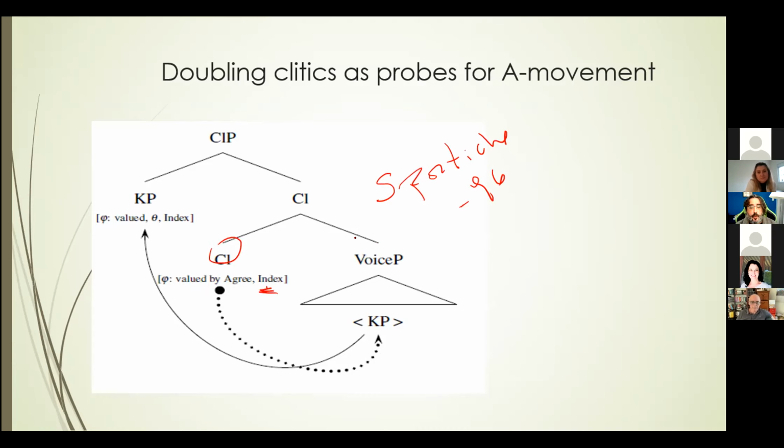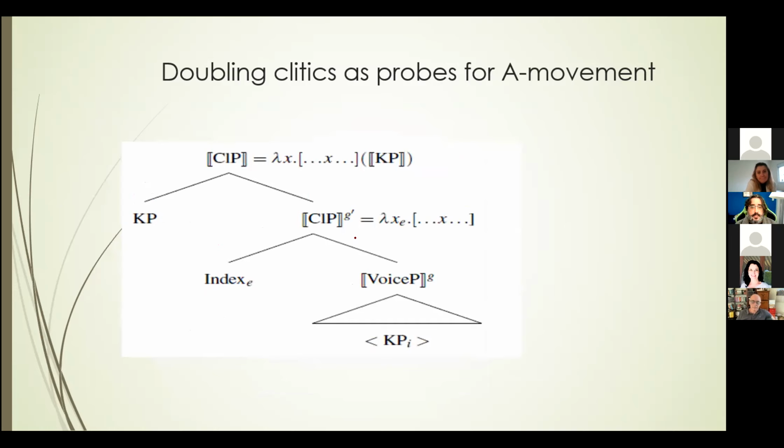And the index opens the sentence. How? In this way, you have this is the clitic, right? The index is an instruction to open predicate abstraction, and this is what happens. And then, as Chomsky says, the doubled object acts as a subject.